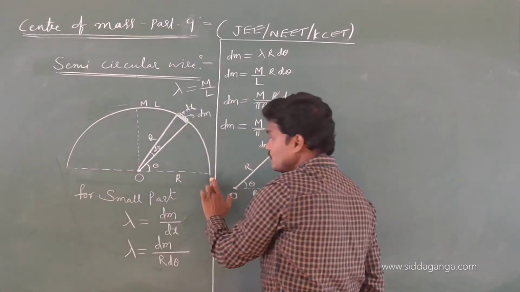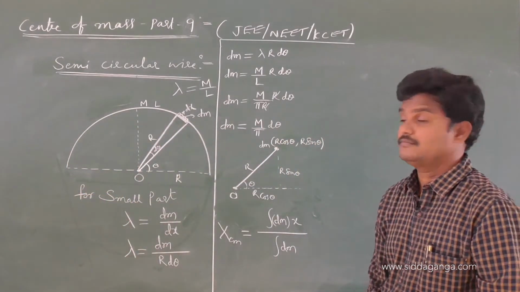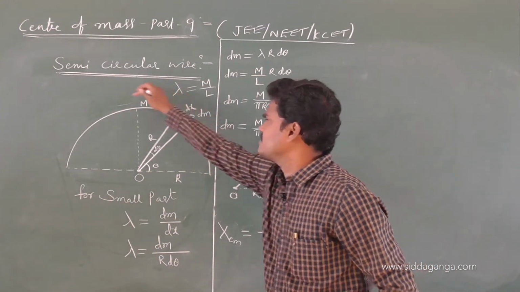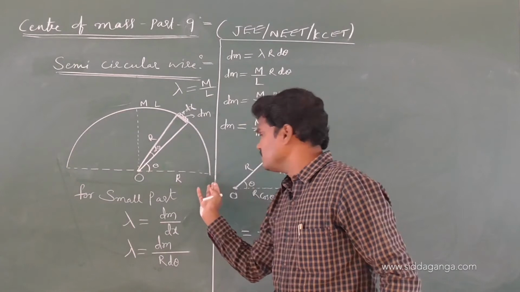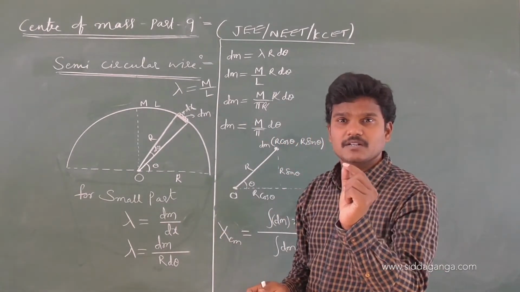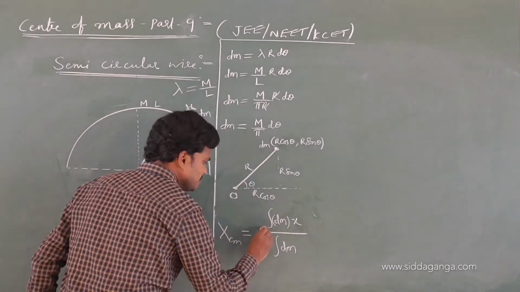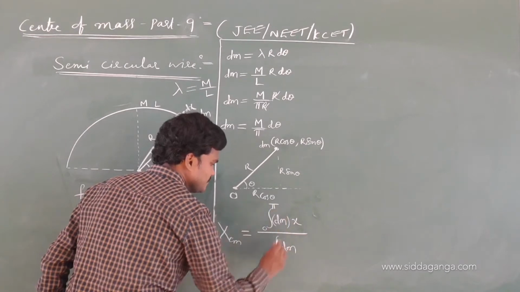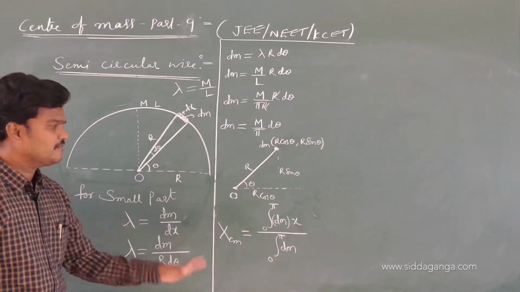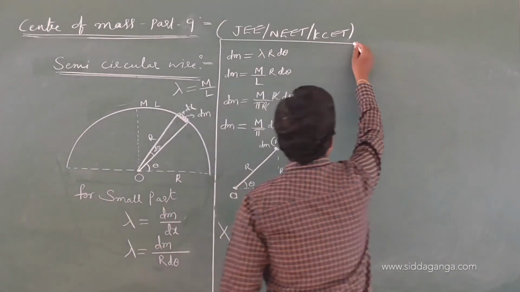So 0 angle to last, how much? Pi. If you start here, you will come to the opposite side. Then what is the angle covered by that small elemental part? Pi. 0 to pi, so the limits are very clear: 0 and pi. Substitute the dm value and the x component.